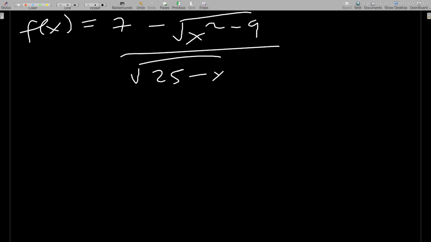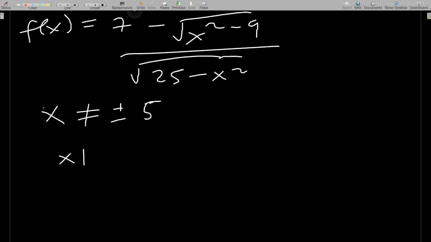In the first place, we said that for this to be defined, the denominator shouldn't be equal to 0, and that gave us that x shouldn't be equal to plus or minus 5. Now for the top also to be defined, x should be greater than 3.